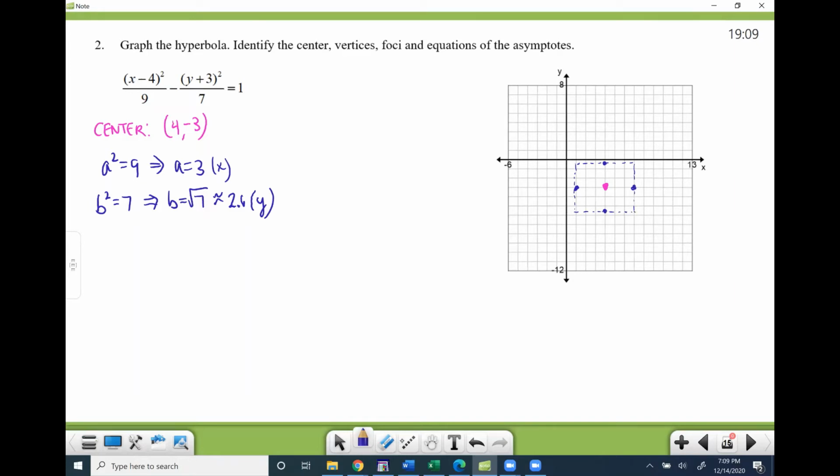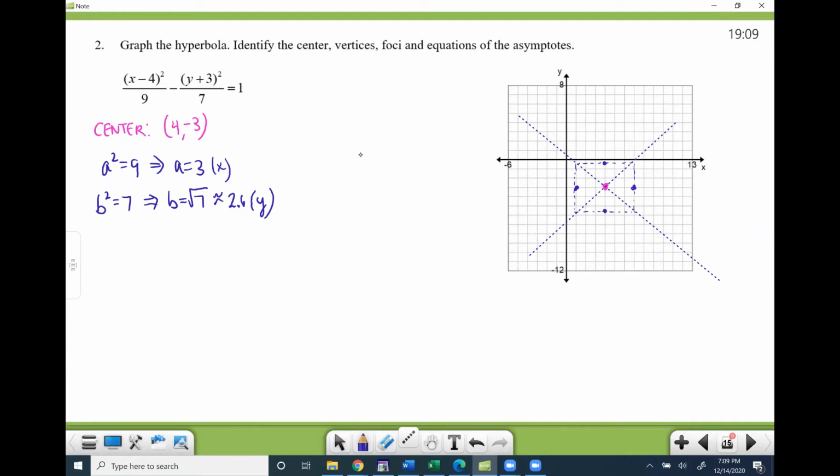There we go. All right, so I'm going to draw diagonals. There we go.